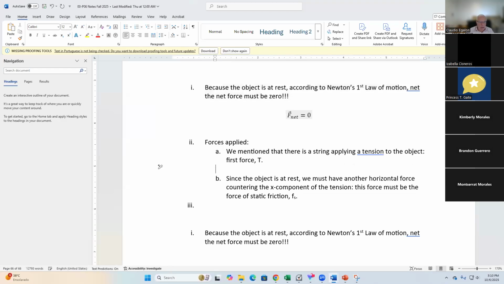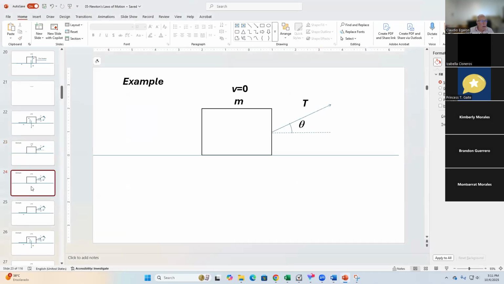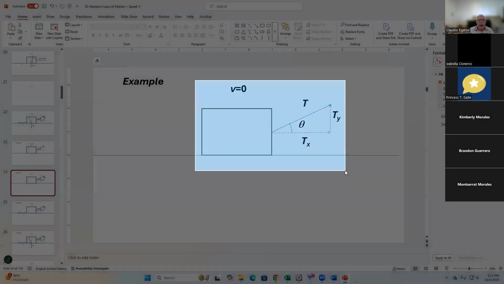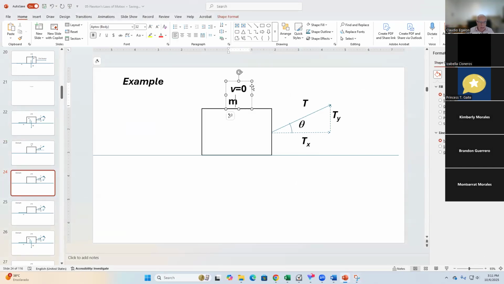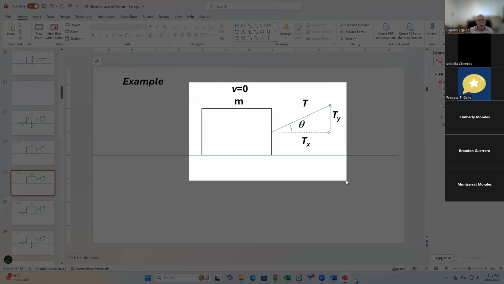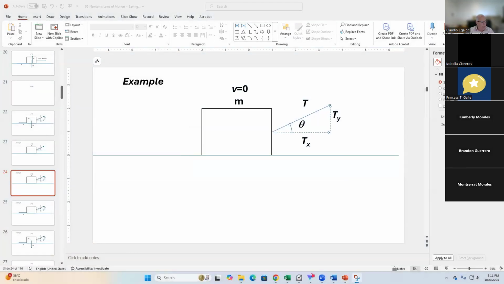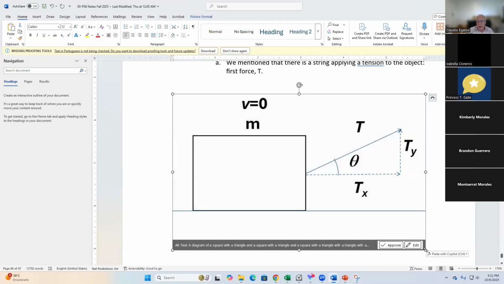And in a pictorial sense, the tension has an x and y component.